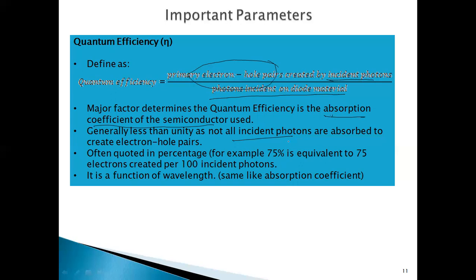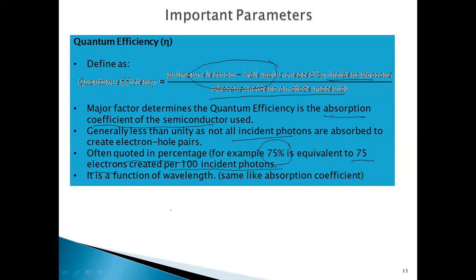This quantum efficiency is normally quoted in terms of percentage. For instance, 75% quantum efficiency means we have 75 pairs of electrons and holes created by 100 photons incident. That's what I meant by 75% quantum efficiency.